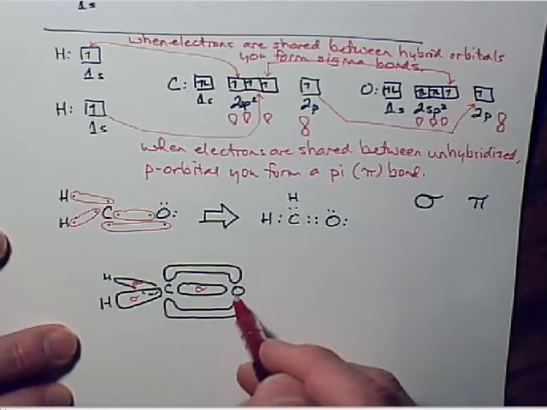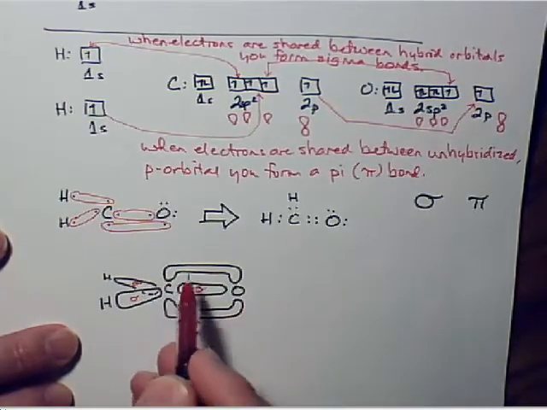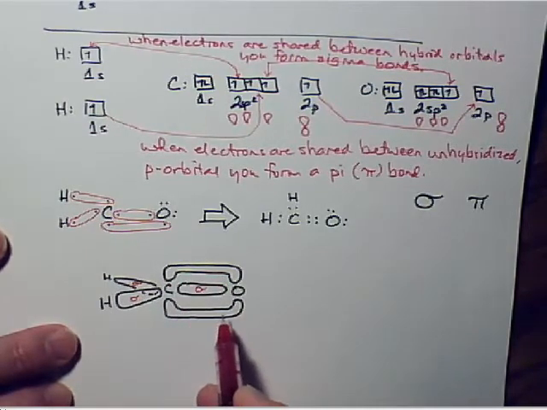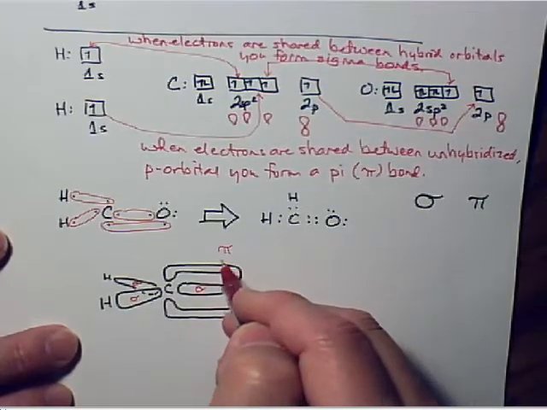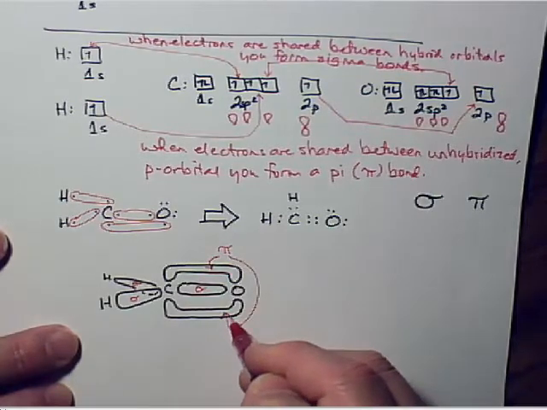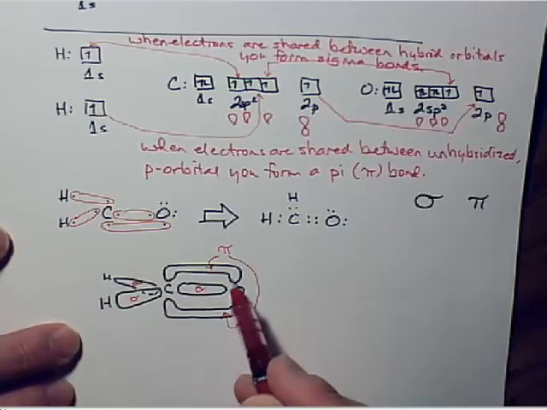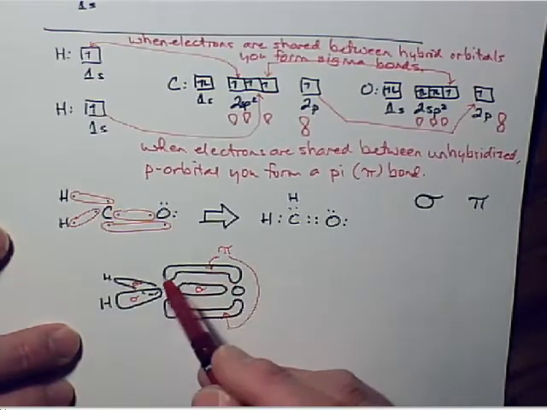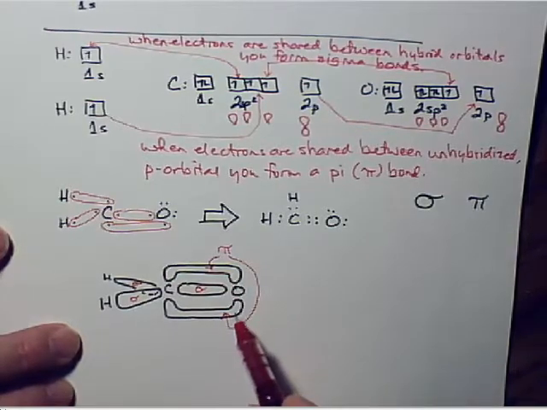So this was a p orbital, this was a p orbital, and they shared this way to form a pi bond. So the pi bond is both this and this. That's all part of the same pi bond. So this is a shared set of p orbitals, p going up and down this way, and here gets shared this way.